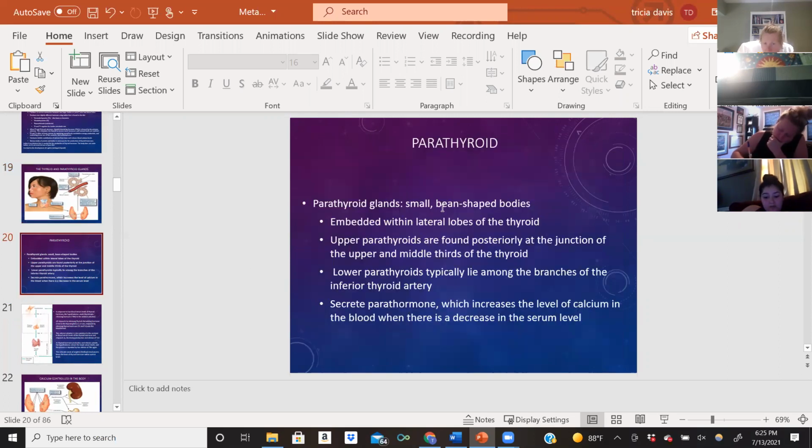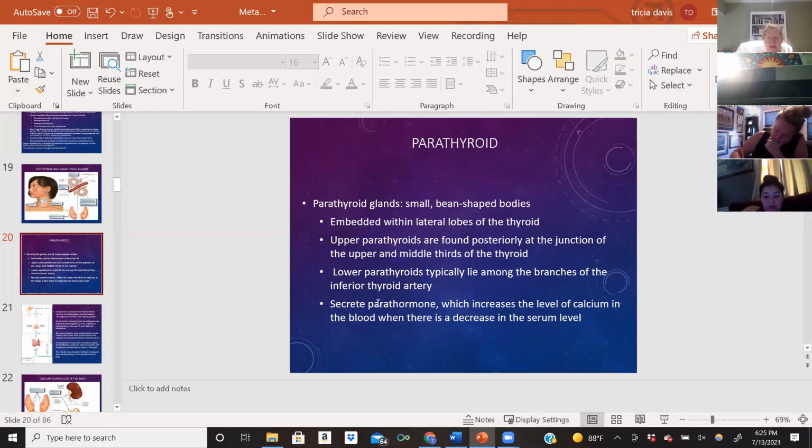They are very small, bean-shaped bodies within the lateral lobes of the thyroid. The upper parathyroids are found posteriorly at the junction of the upper and the middle thirds of the thyroid, and the lower parathyroids are typically among the branches of the inferior thyroid artery.